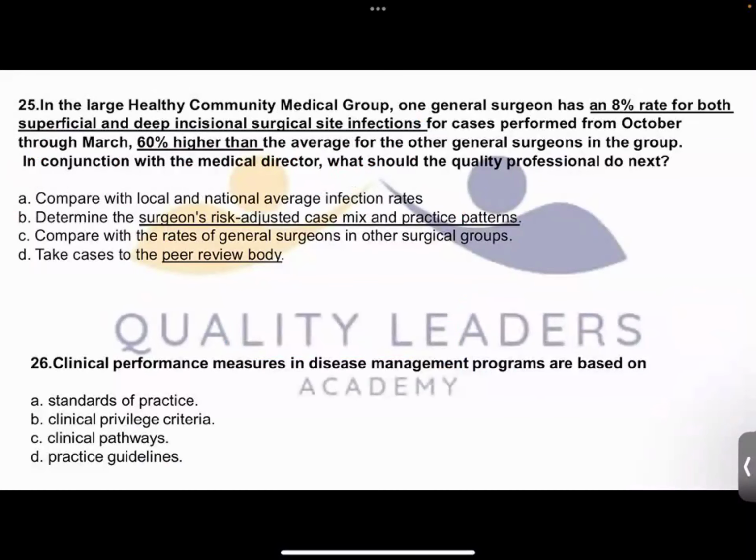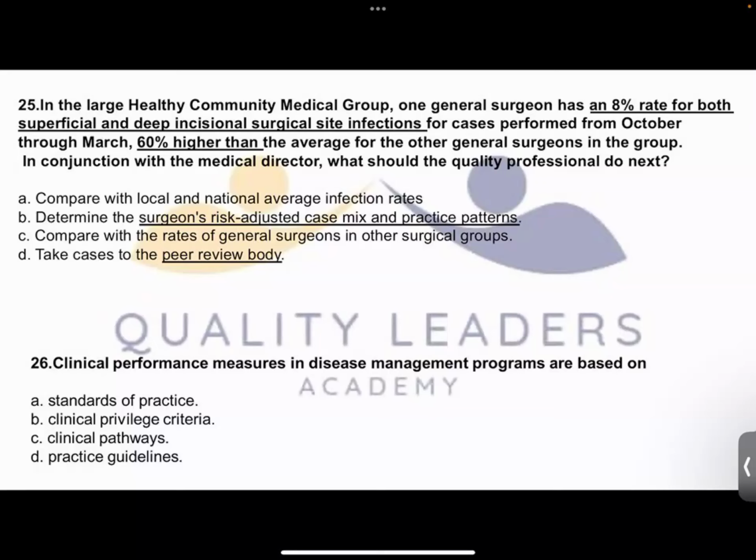Number 25. In the large, healthy community medical group, one general surgeon has an 8% rate for both superficial and deep incisional surgical site infections for cases performed from October through March, 60% higher than the average for the other general surgeon in the group.